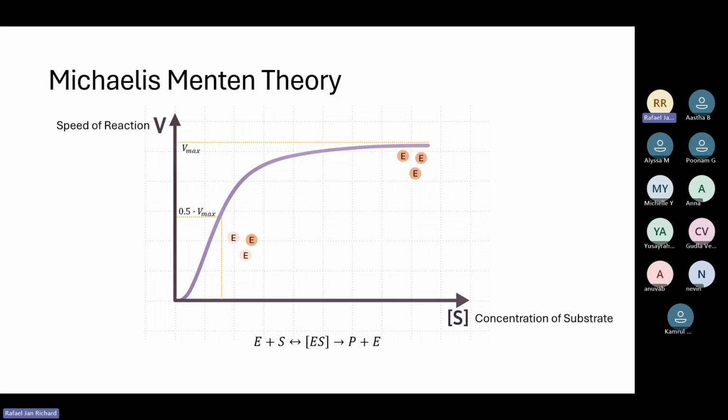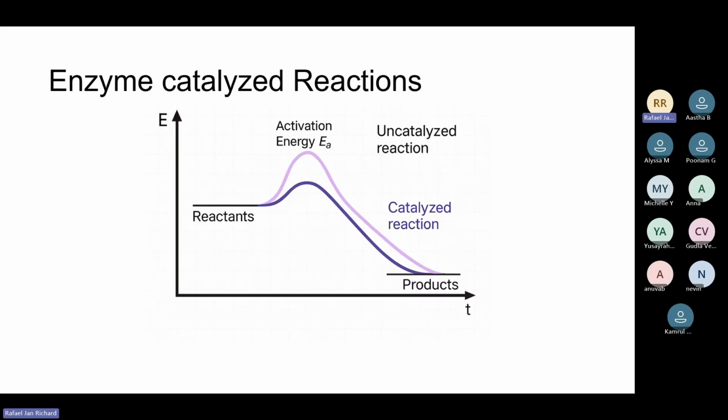And in this equation, you see you have the enzyme, the substrate, and the enzyme and the substrate together, they form an enzyme-substrate complex. And after that, we have the product and the enzyme. And as with every other catalyst, an enzyme forms an intermediate product, which is like on the top of the activation energy.